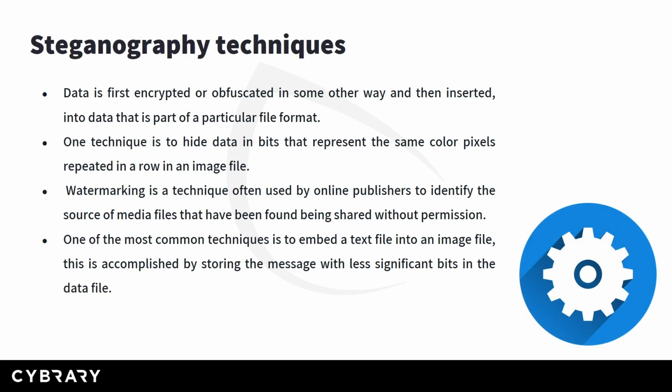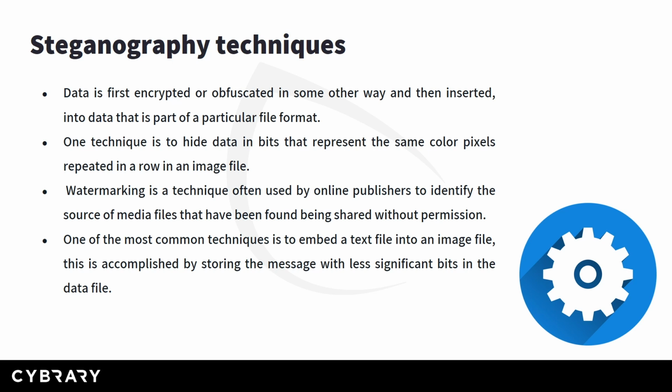In modern digital steganography, the data is first encrypted or obfuscated in some other way and then inserted using a special algorithm into data that is part of a particular file format, such as a JPG image, audio, or video file. The secret message can be embedded into ordinary data files in many different ways.